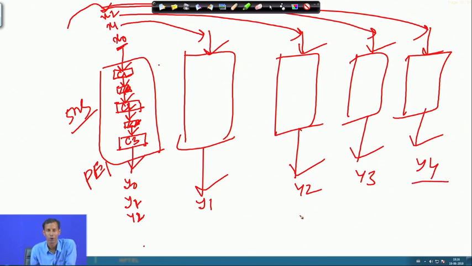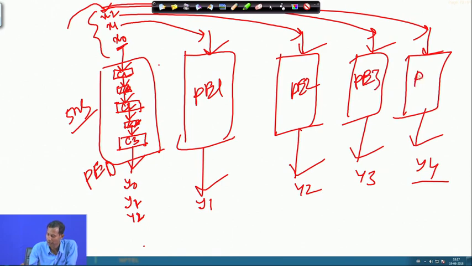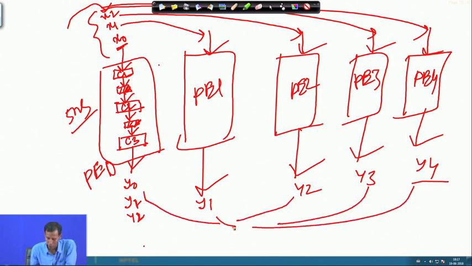Okay. So, if I have to channelize these particular samples to the corresponding processing elements, this is PE0, this is PE1, this is PE2, this is PE3, and this is PE4, I need to channelize the input properly to the corresponding processing element, and again combine the outputs into a single output.